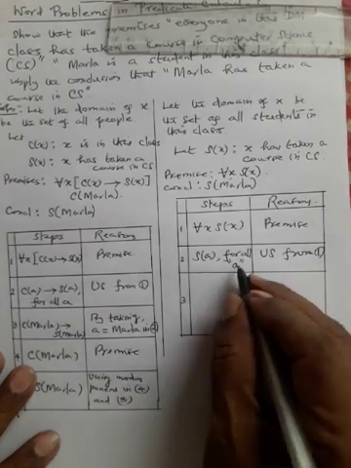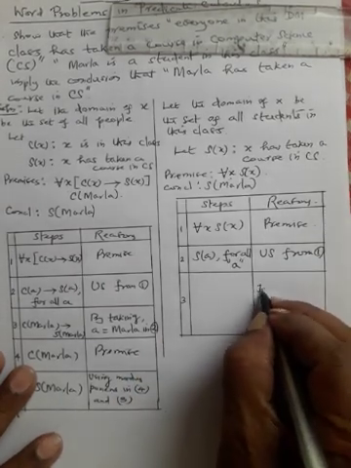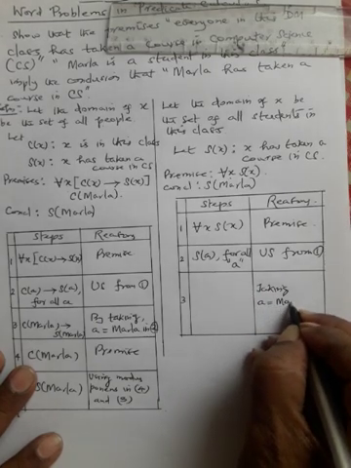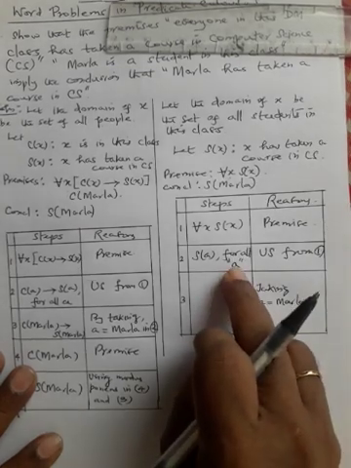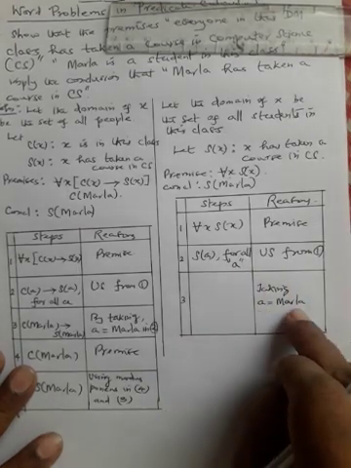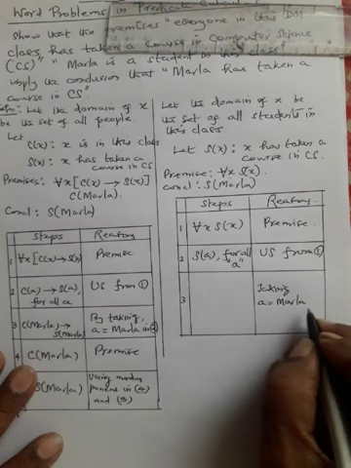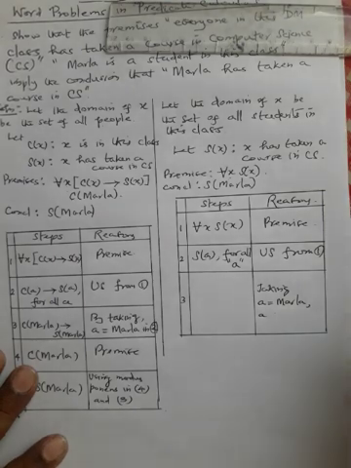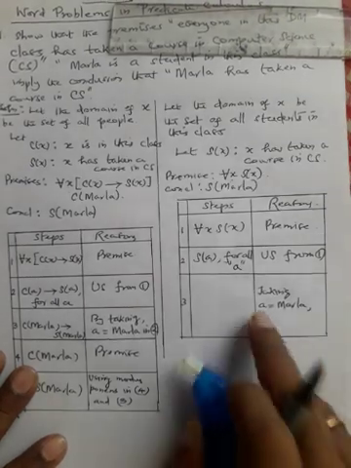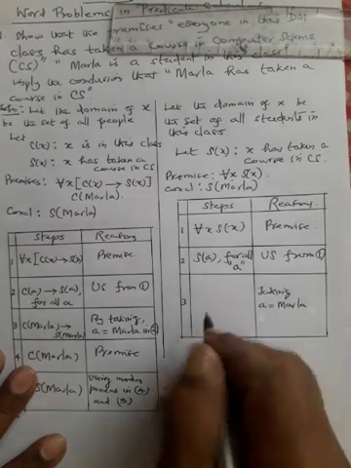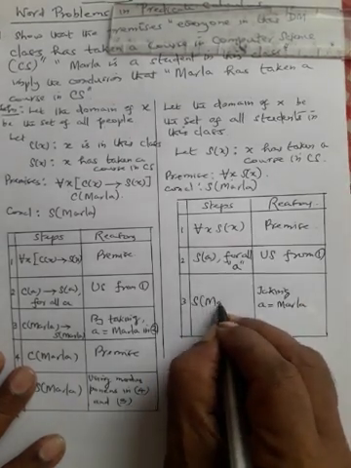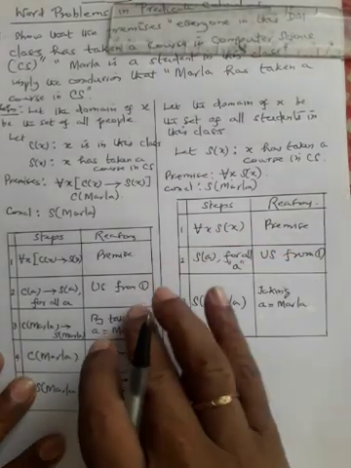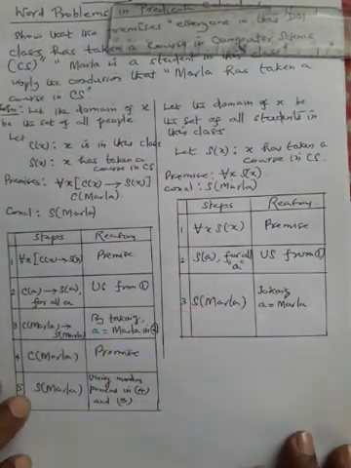Now third one, taking a equal to Marla, because for every a it is true. So in particular a is Marla, a student in this class. So you get S of Marla. So only in 3 steps we are getting this, so this is easier than the other one. You can follow either of these two methods.